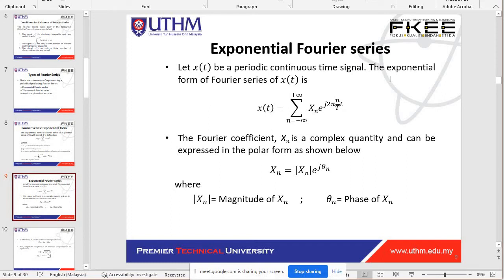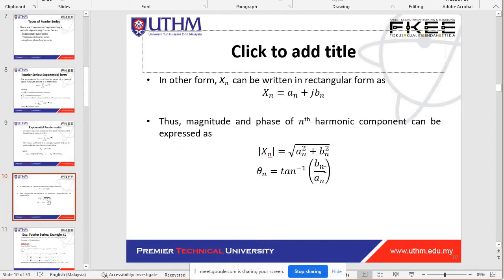Let x(t) be a periodic continuous-time signal. The exponential form of the Fourier series is written this way, and it can also be expressed in polar form. In the polar form, the modulus of X_n refers to the magnitude and the other term refers to the phase, or angle. Whereas this one is a complex number in rectangular form.